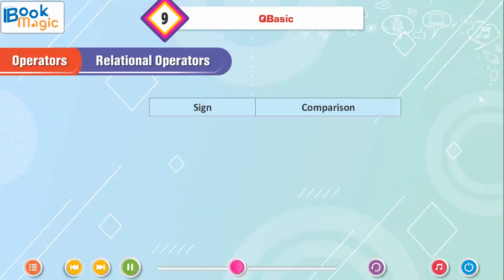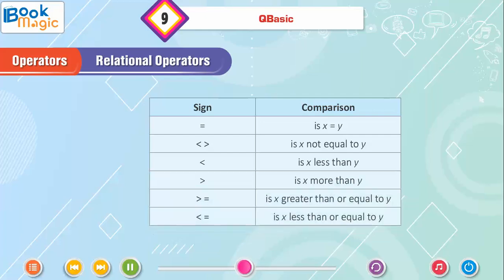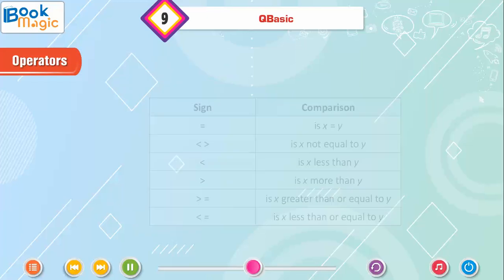Sign, comparison: equal to, is x equal to y; less than or greater than, is x not equal to y; less than, is x less than y; greater than, is x more than y; greater than or equal to, is x greater than or equal to y; less than or equal to, is x less than or equal to y.